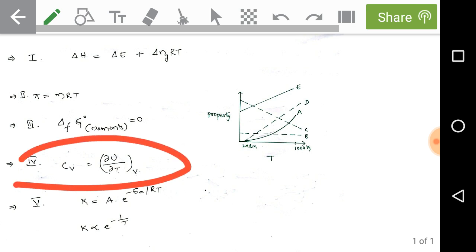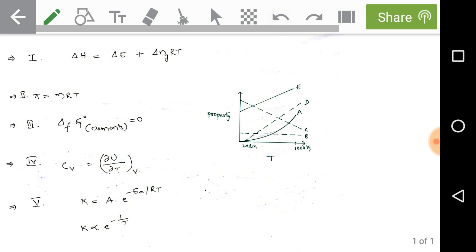And if you look at the fourth one, the molar heat capacity CVM is given with respect to equipartition of energy. We have a mathematical expression, CV equals dou U by dou T at constant volume. Here U indicates internal energy.